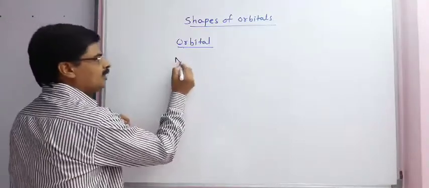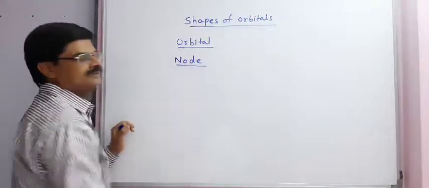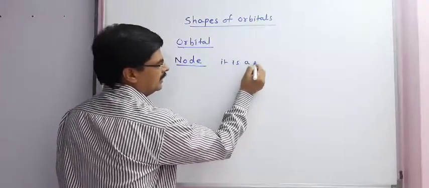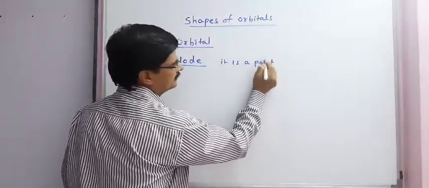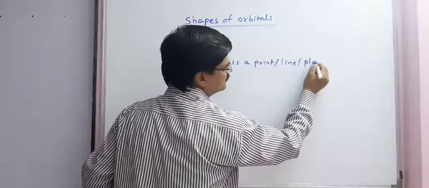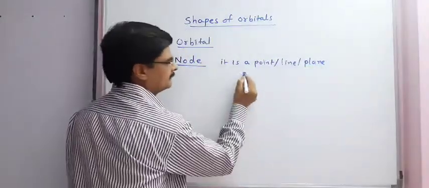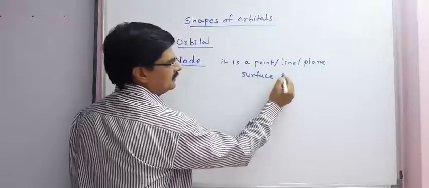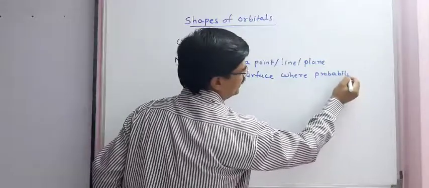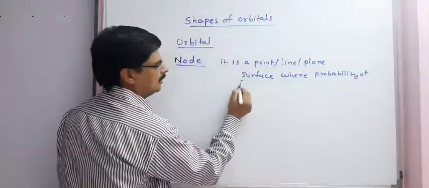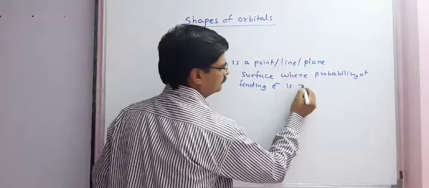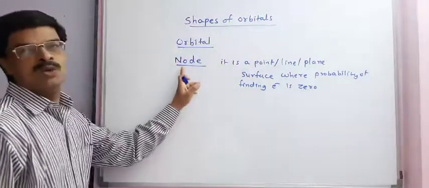Now we also understand one more term, that is node. Node is nothing but a point or line or plane or surface where probability of finding electron is 0, is said to be node.